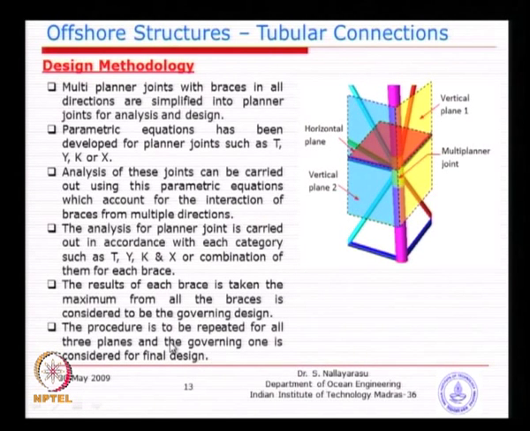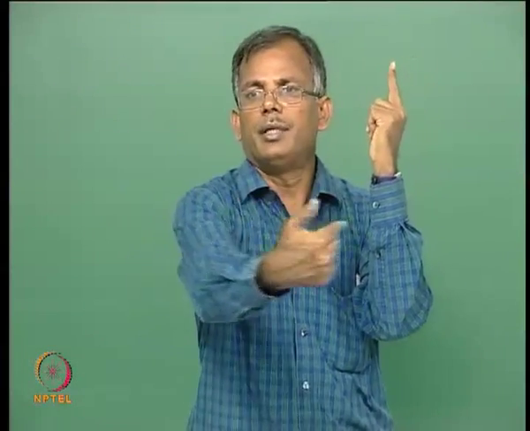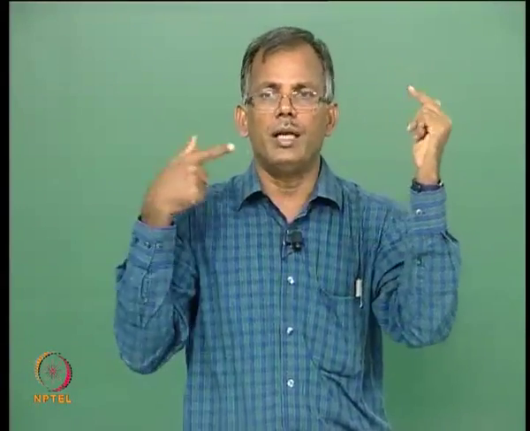Basically you repeat the procedure for all frames in one junction and look at whichever is producing the maximum requirement, that will be the design. For example, if I have one jacket leg, one member is coming in this direction and another member is coming in the perpendicular direction, you will do the design of one member first, find out what is the thickness required, keep it on one side, go to the next frame plane, do the design, find out the thickness, and whichever is asking for the highest thickness, that will be the design requirement.